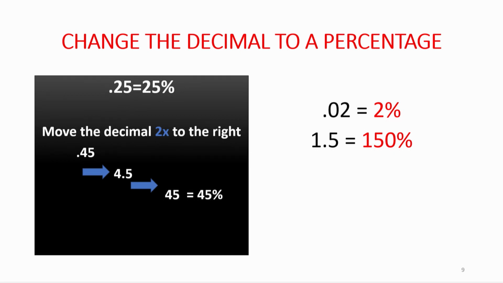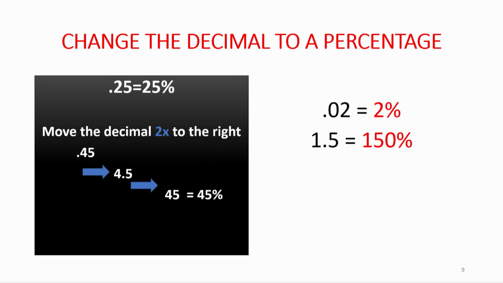So think about this too. You know that all numbers to the right of the decimal are less than 1. If you have a number in the ones place, or in the tens and the ones, that's greater than a whole unit. So for example, 1.5 is the same thing as $1.50. So that's greater than 100%.